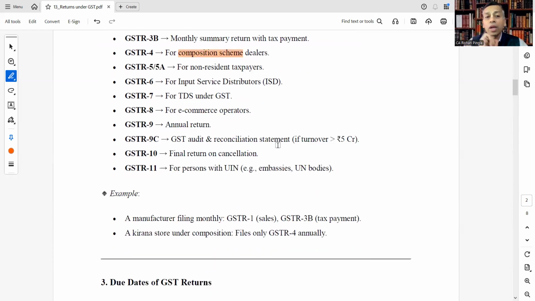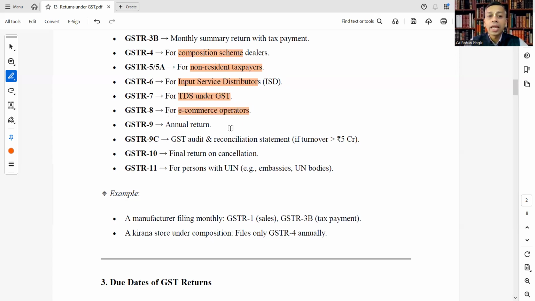GSTR 5 and 5A for non-resident taxpayers. GSTR 6 for input service distributors, that is ISD. GSTR 7 for TDS under GST. GSTR 8 for e-commerce operators.